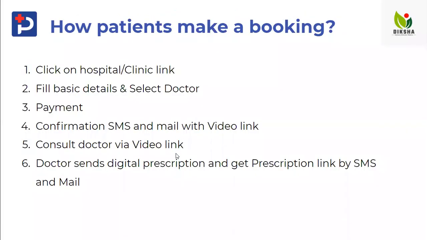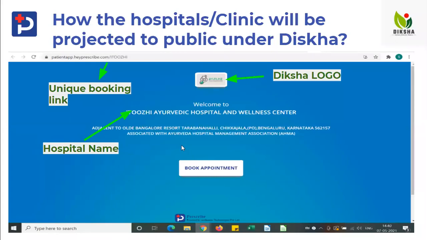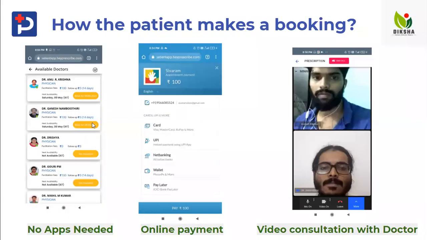So the details we are asking to show to the patient here: your hospital and practice center details, your full name, the registration number and your qualification, to show to the patient during their booking appointment.